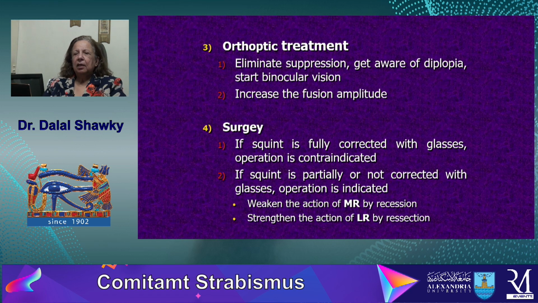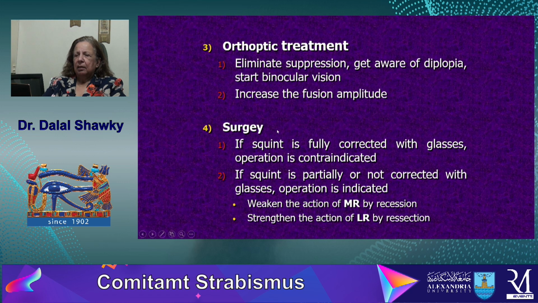Orthoptic training means the use of the two eyes together to exercise them, to strengthen the fusion amplitude and to get rid of diplopia and to be aware of any suppression. All these could be done by the synoptophore. The synoptophore is used to examine and to exercise.